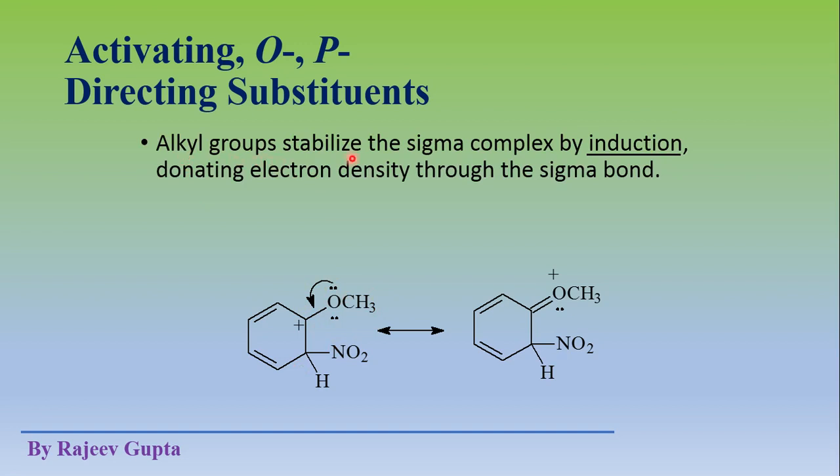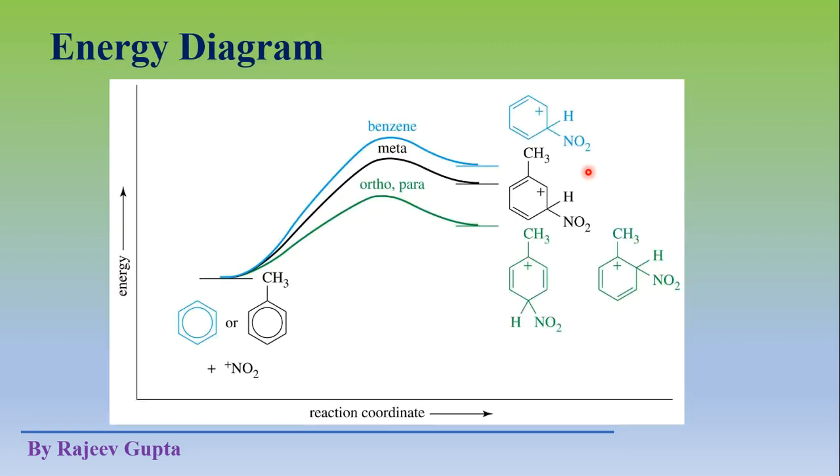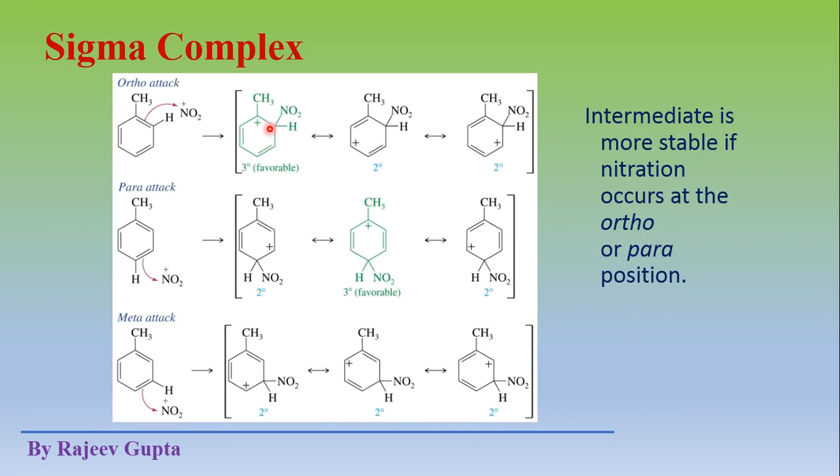Okay, an alkyl group stabilizes the sigma complex by induction. How? This is the sigma complex stabilized by induction, meaning due to the plus I effect, or by shifting of electrons between the carbon of the methyl group and the carbon of the benzene ring system.